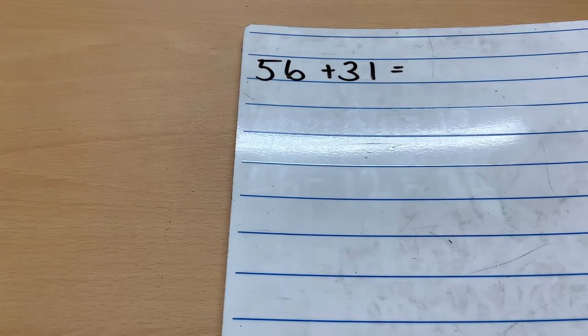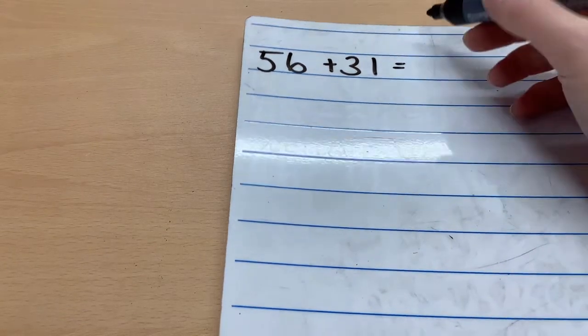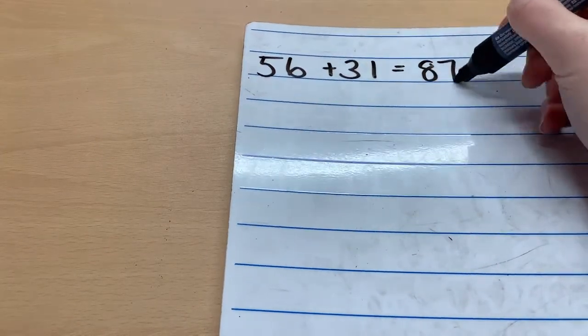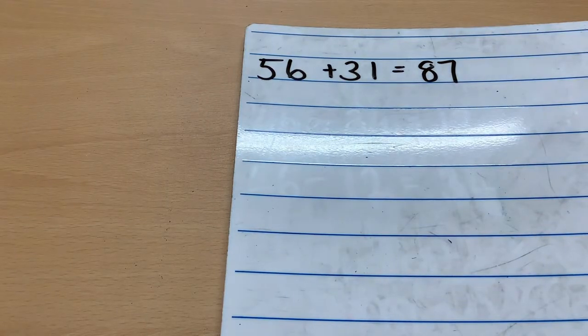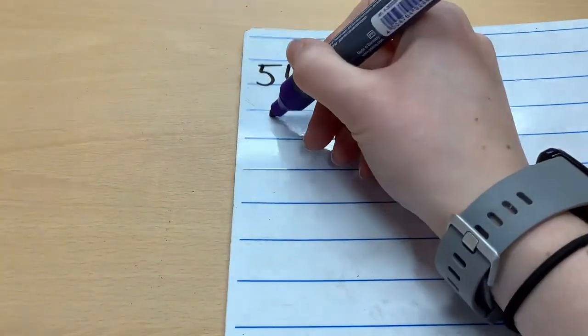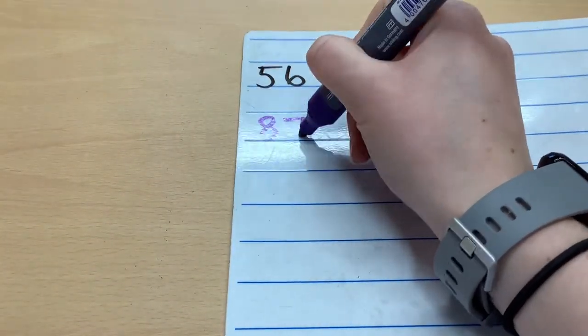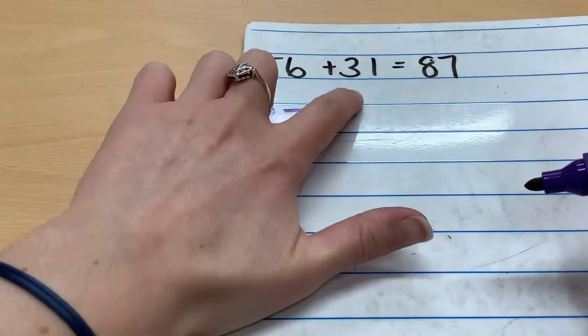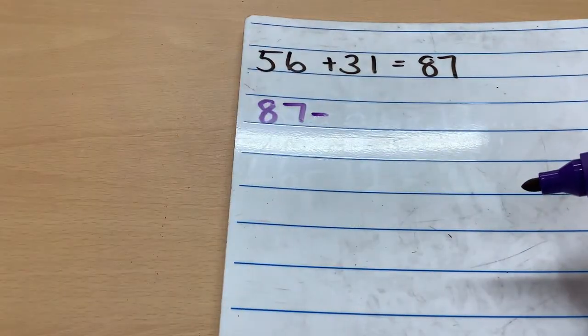Now let's have a look at 56 add 31. So first I need to find the total of 56 add 31, which equals 87. So to do the inverse, I need to subtract because the opposite of addition is subtraction. I start with my total, which is 87, and I choose one of these two numbers to subtract.